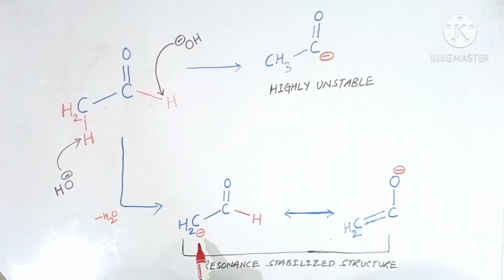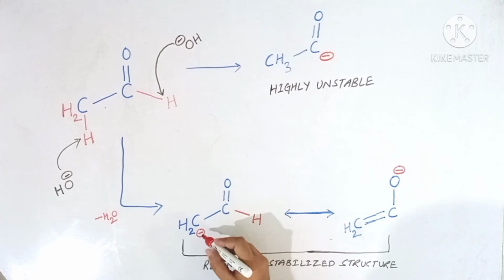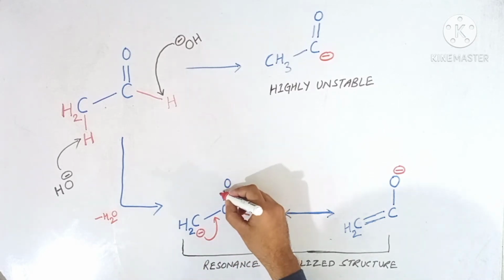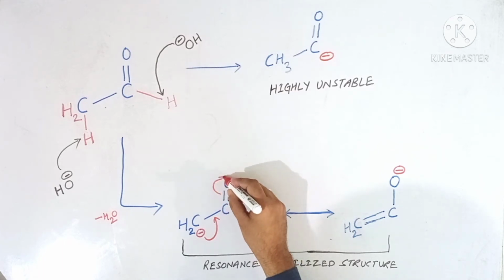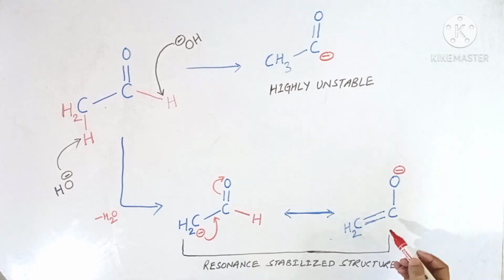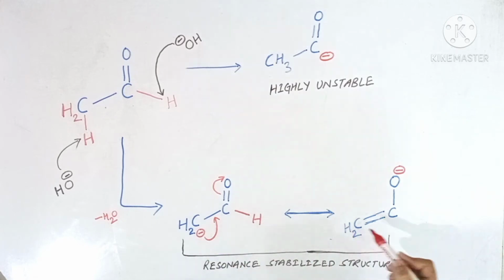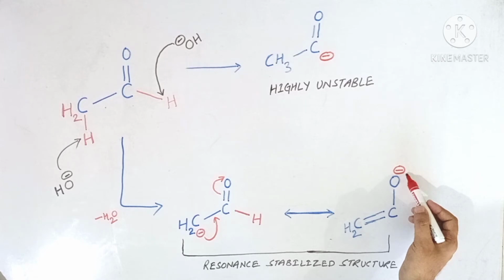Now what happened? As this negative charge developed over this carbon, the charge tries to stabilize this negative ion. So this charge migrates to this carbon-carbon bond, and simultaneously this electron migrates to the oxygen. In this manner, the negative charge is delocalized and redeveloped onto the oxygen atom.